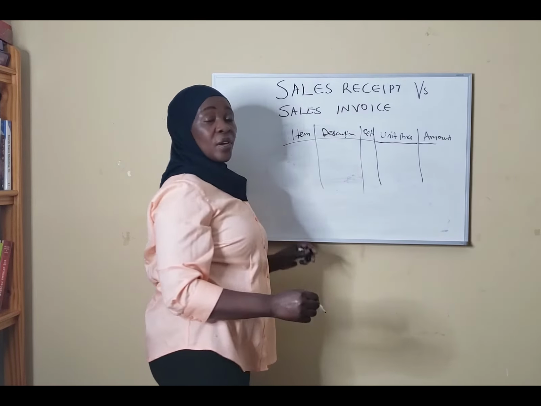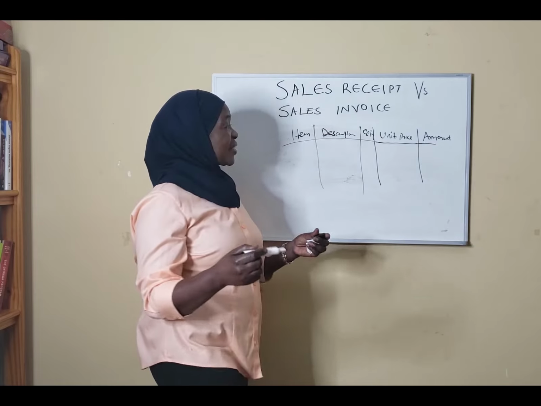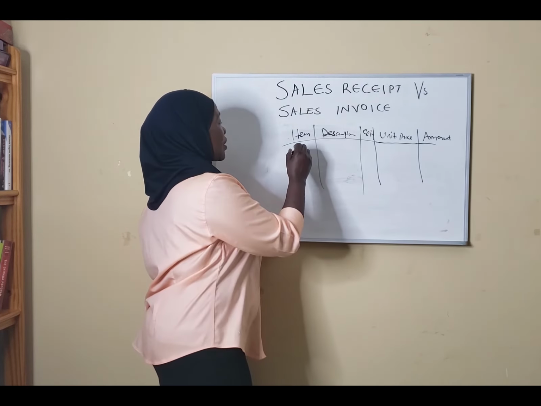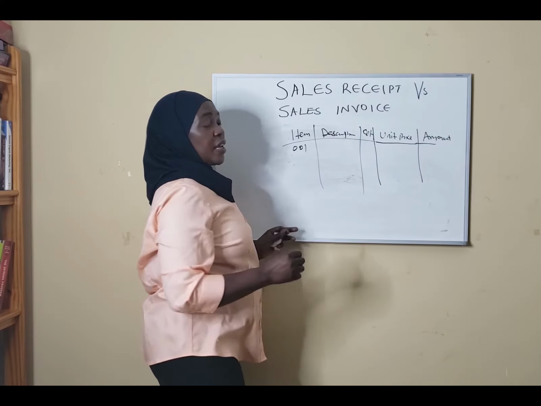Let's take a small example, a very easy example. Maybe the item, you have the code like 001 is a shirt.